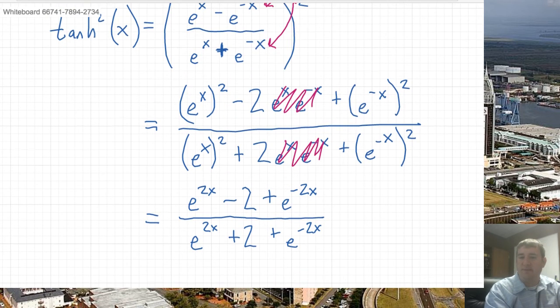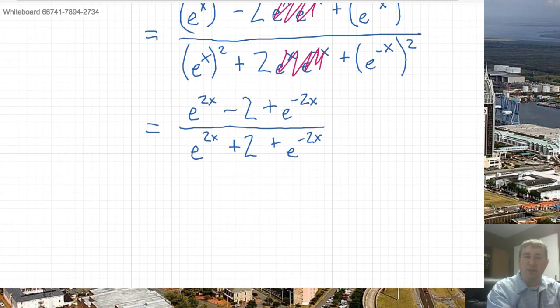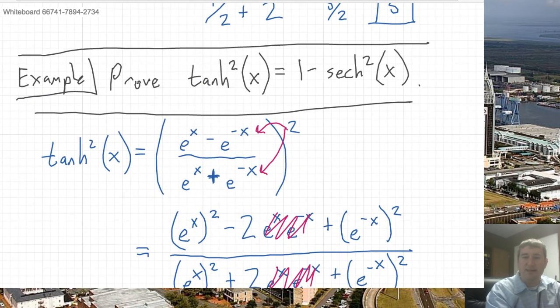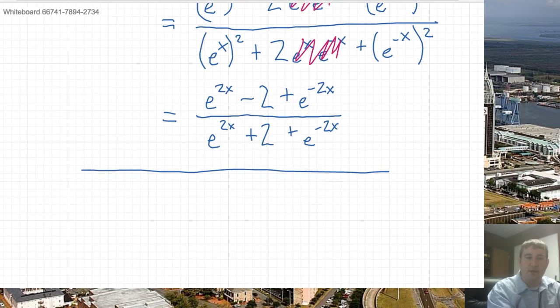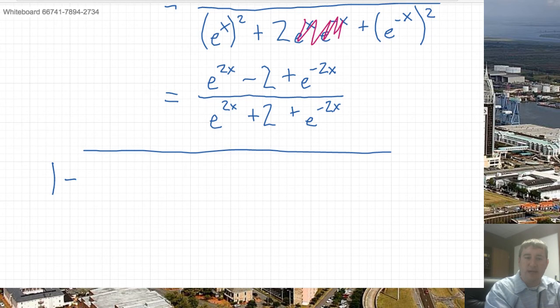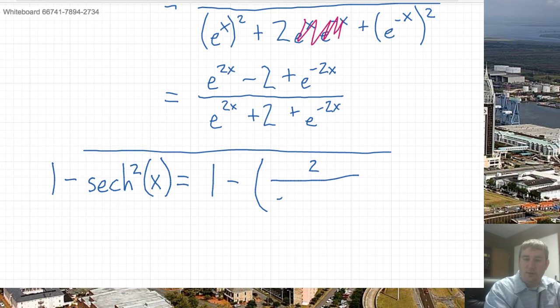Let's see what happens if I take the other side of the equation. Hopefully I'll get the same result. So coming back up here, I've got 1 minus secant squared, or of course 1 minus hyperbolic secant squared. So I'll write out the formula. So that's 1 minus, so I'll put 2 over e to the x plus e to the negative x.